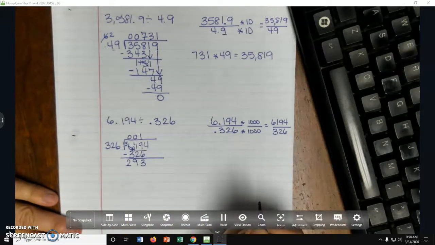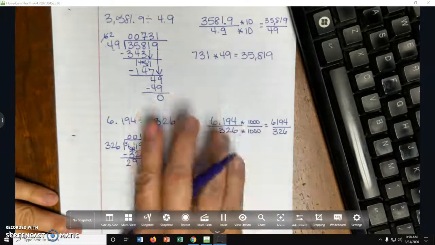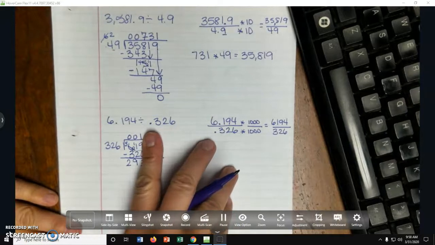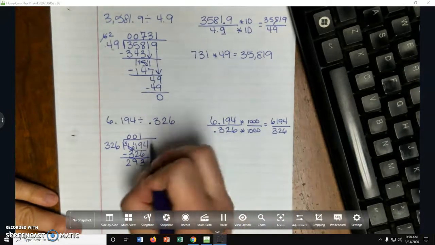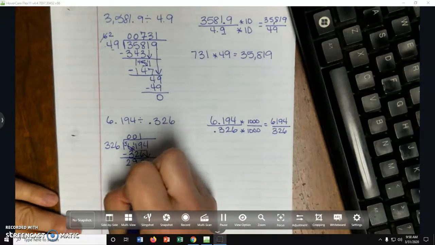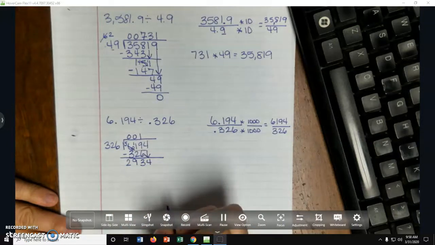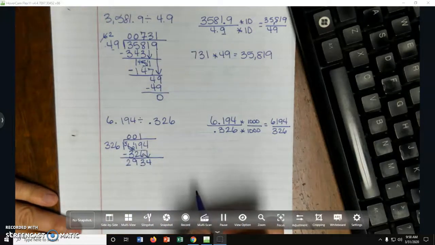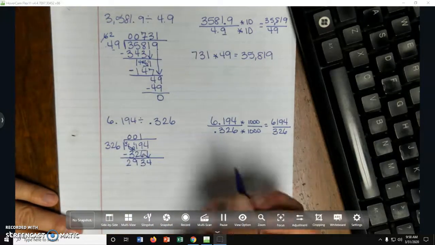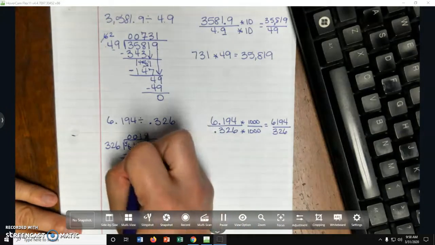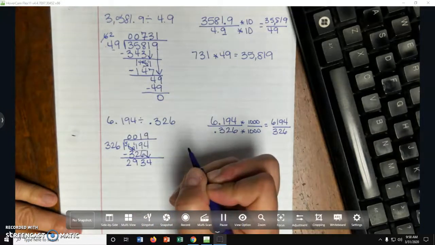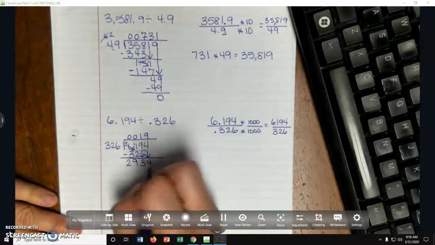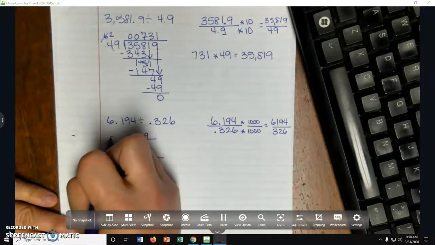I say tens because I'm pretending that 4 isn't there. It's really not tens, it's really in the hundreds. Now I get this ones place involved, and I'm dividing again: 2,934 divided by 326. After a little bit of math, I find out that it goes in 9 times. 9 times 6 is 54.